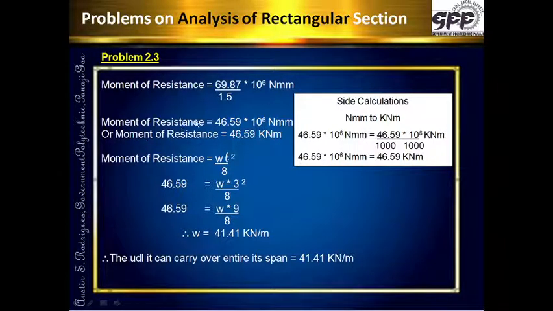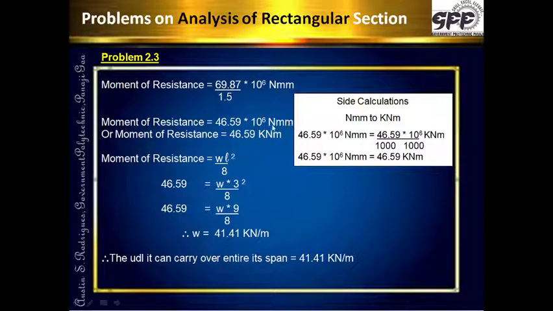When we solve this, we get 46.59 into 10 raised to 6 Newton mm, which is the capability of the beam to resist the bending moment.